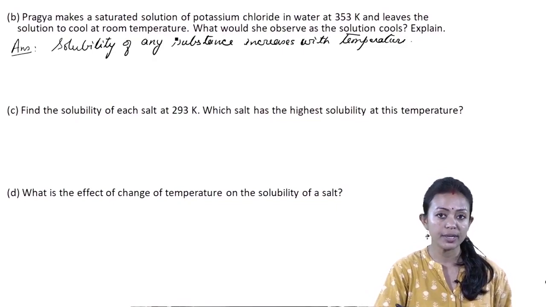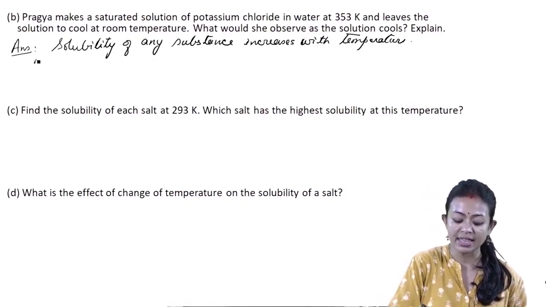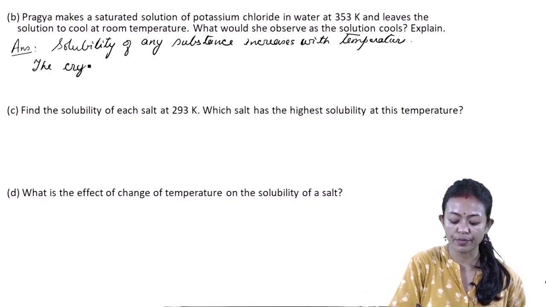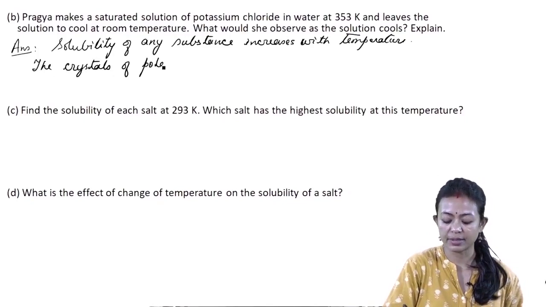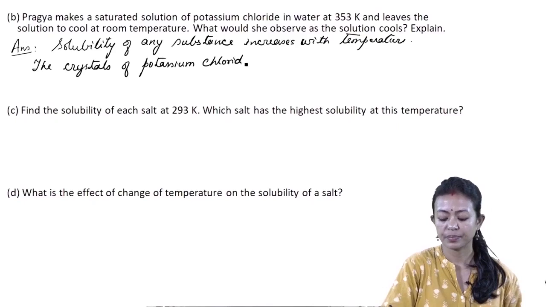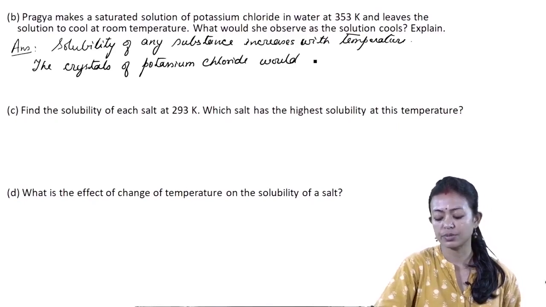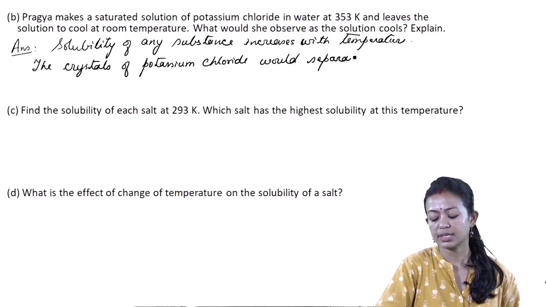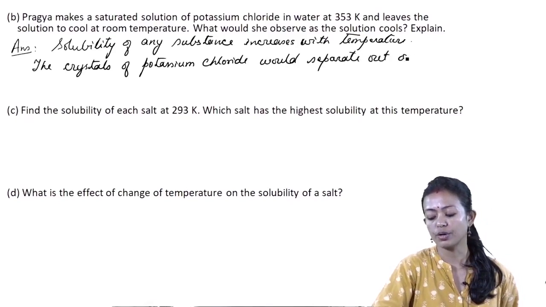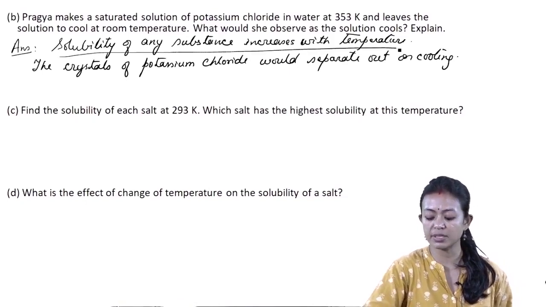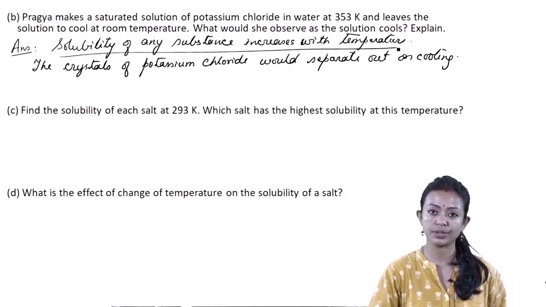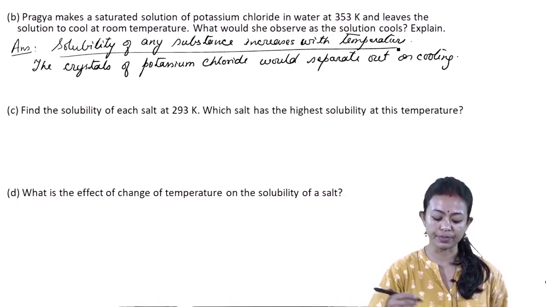So the moment she brings it down, as she cools it, what will happen? The crystals of potassium chloride would separate out on cooling. Why? Because the solubility of any substance increases with the rise of temperature.